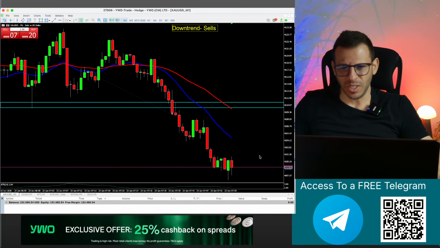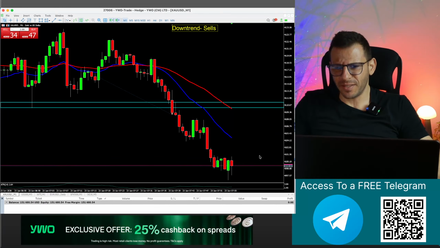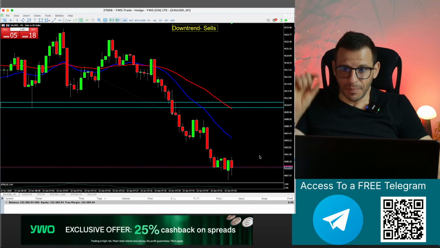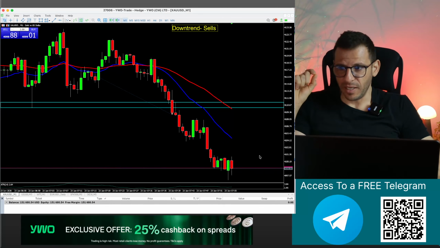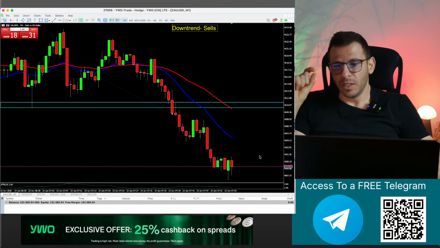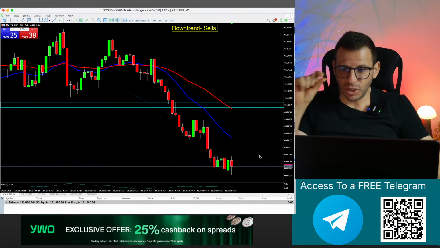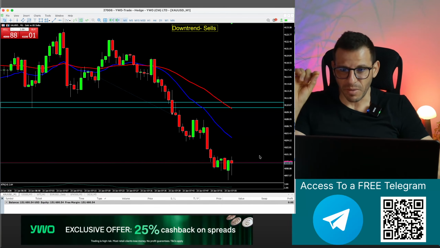Many platforms add so much on the spread, because that's how they make money as well. But these guys here have such small spreads, and honestly, it's one of the best parts.